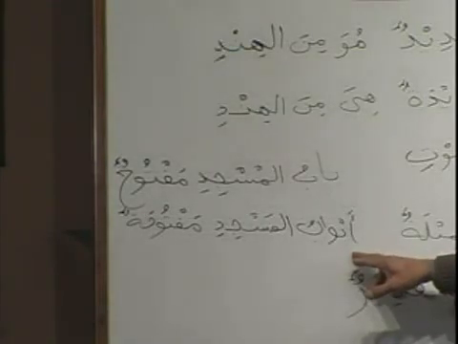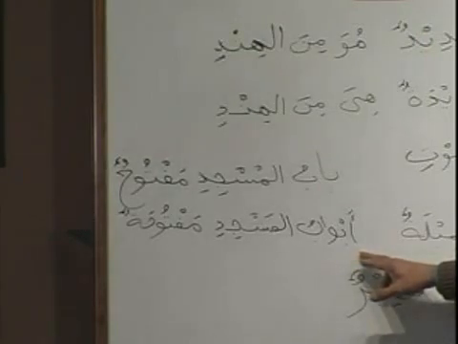Babul masjidi, maftuhun. And as soon as you said abwab, it became maftuhatun. We started bringing the khabar to match the mubtada. So here, the mubtada is plural, but gair aqil, so we treat it as a muannas. So the khabar became muannas. Brother Hassan? Brother Saeed? Inshallah? Sister Maimuna? It's very simple and easy. So now we have to watch for the jama of gair aqil and start understanding the sentences.